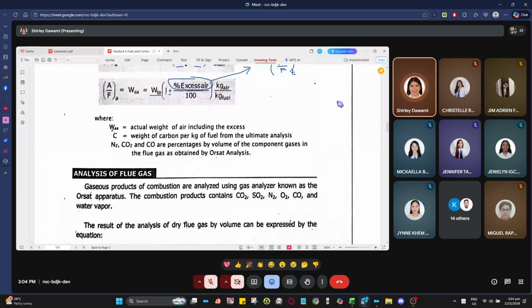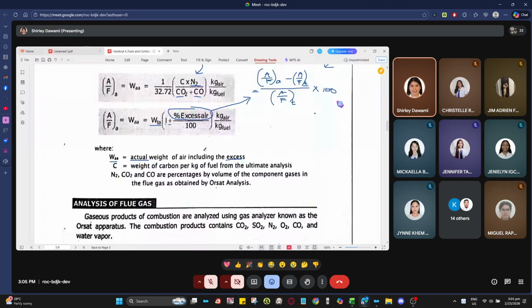Okay, so WAA stands for the actual weight of air, including the excess air. Excess air, di ba, we have fuel.